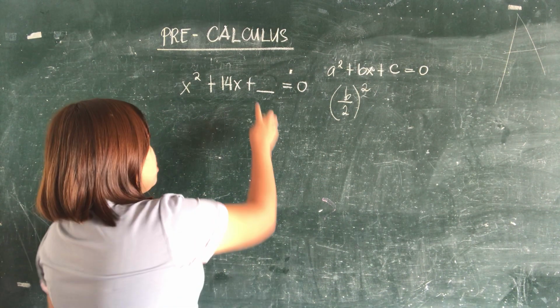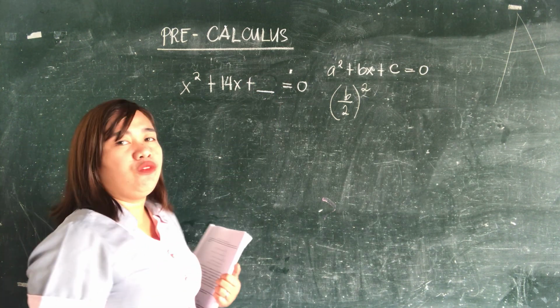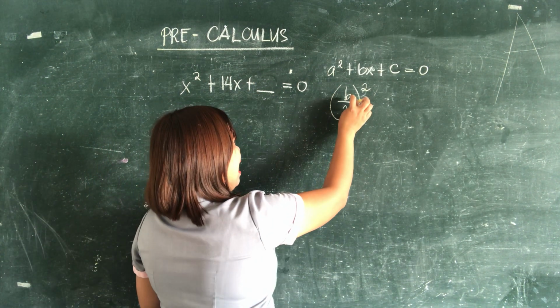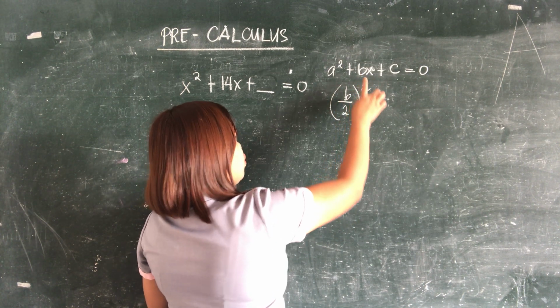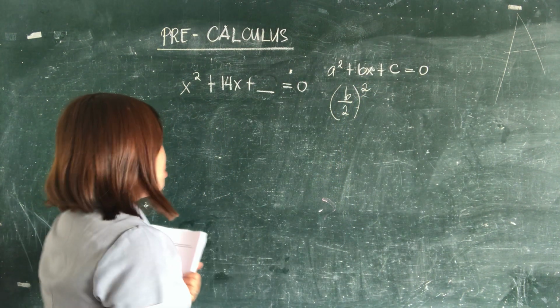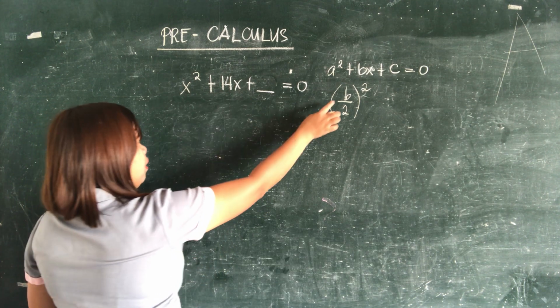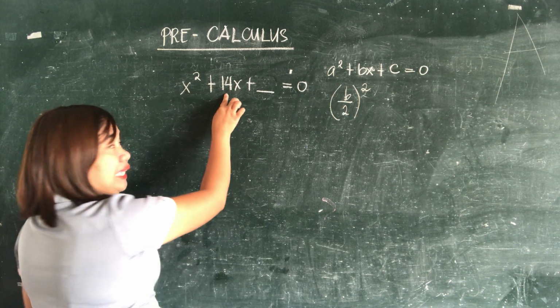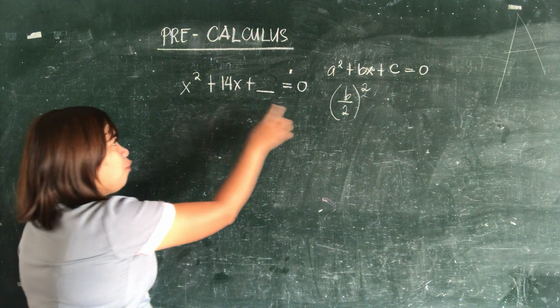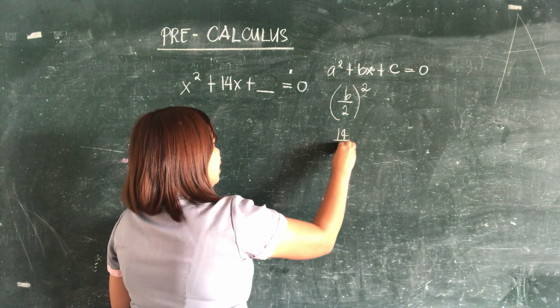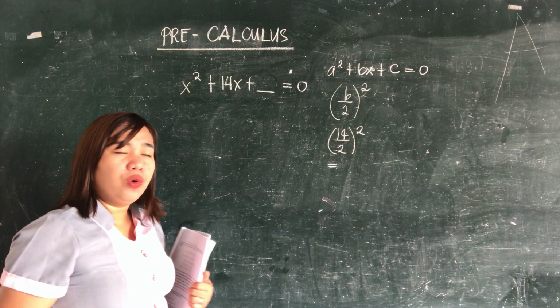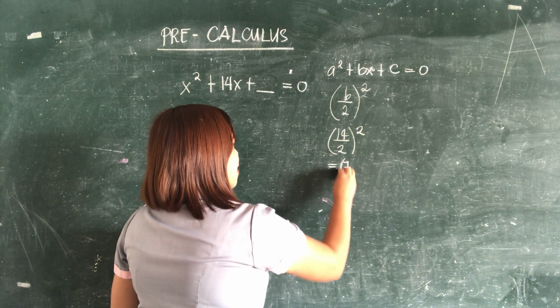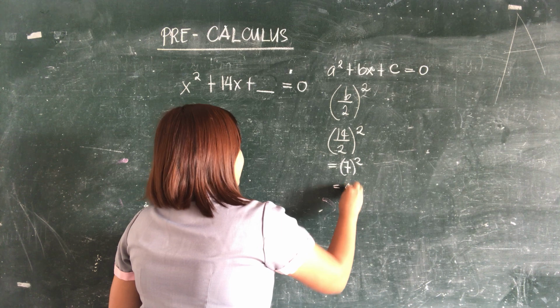So again, to complete the square, all you have to do is get half or divide b by 2, then square the answer. So let us try. What is the value of b here in our example? 14. So half of 14, divided by 2, squared. So 14 divided by 2, we get 7, and 7 squared is 49.